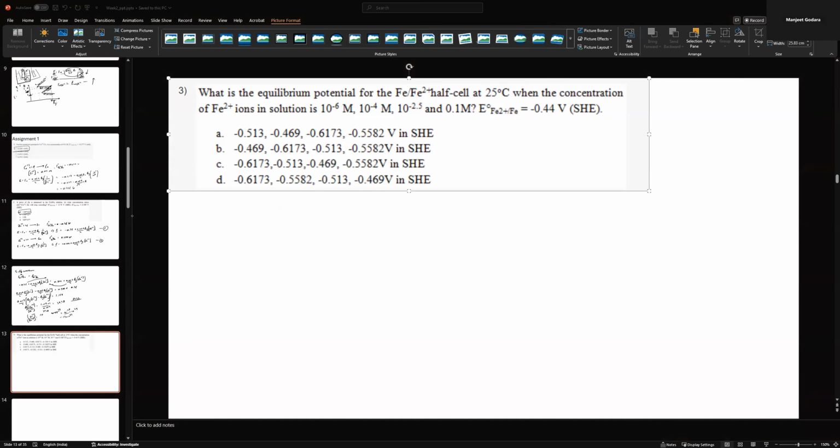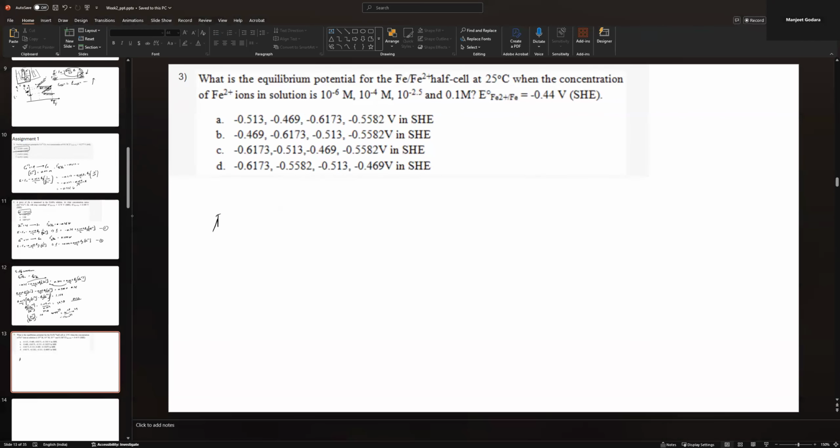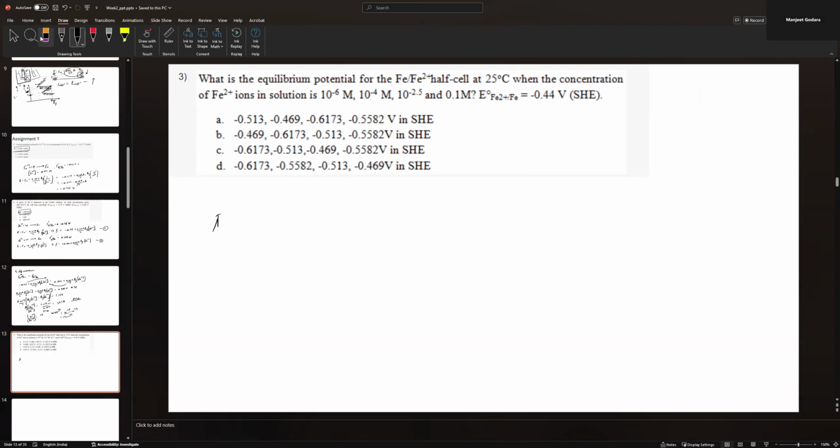Yes, so we're given Fe2+ plus 2 electrons gives Fe.